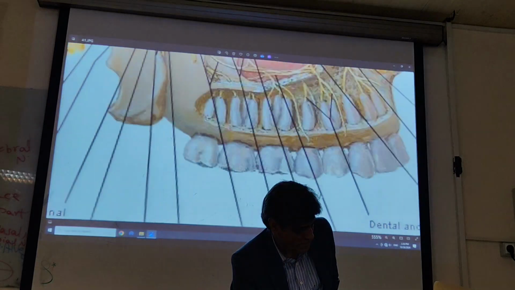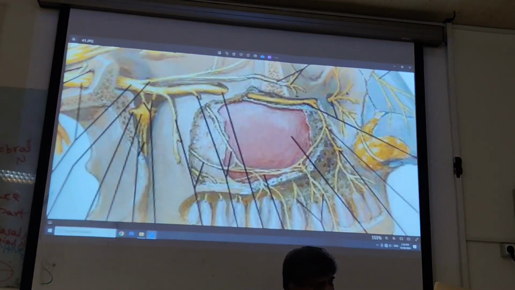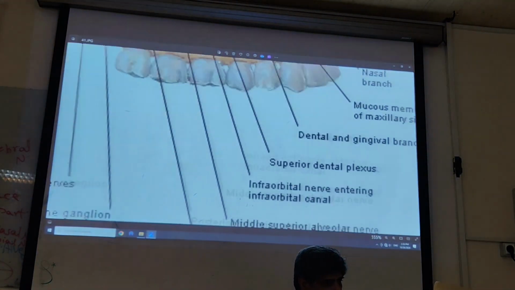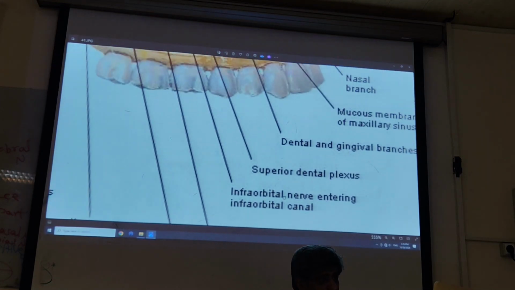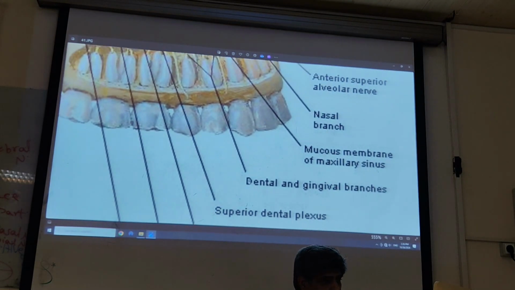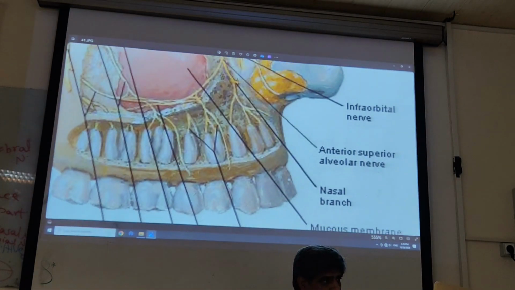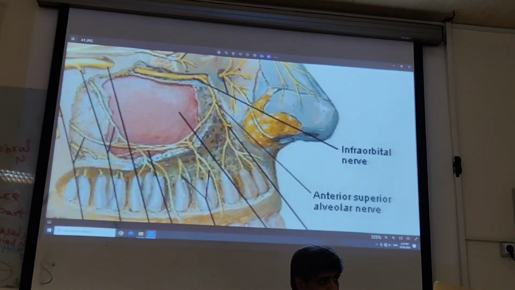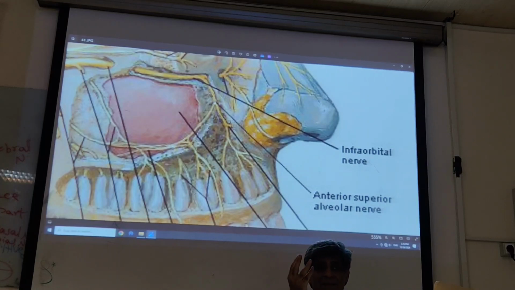But the anterior superior alveolar nerve branches from the infraorbital nerve and supplies the canine, lateral incisor, and central incisor.